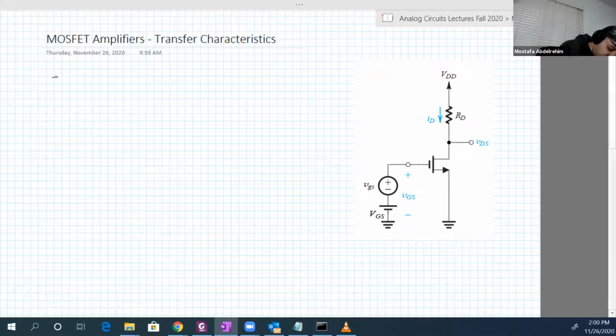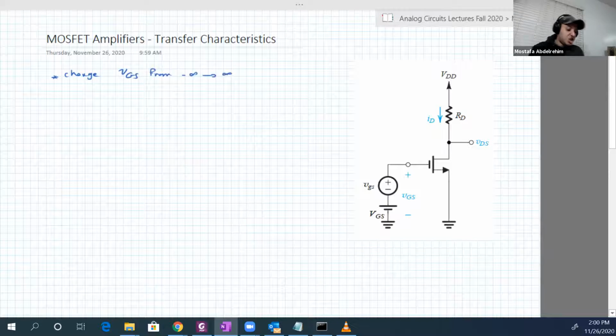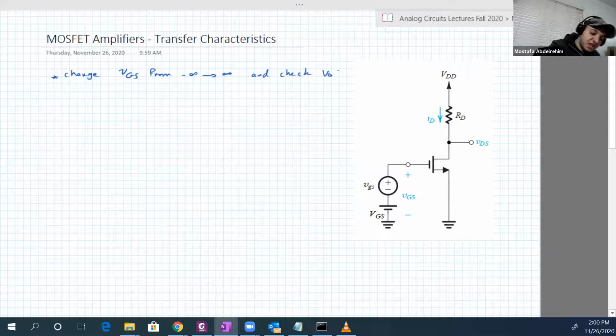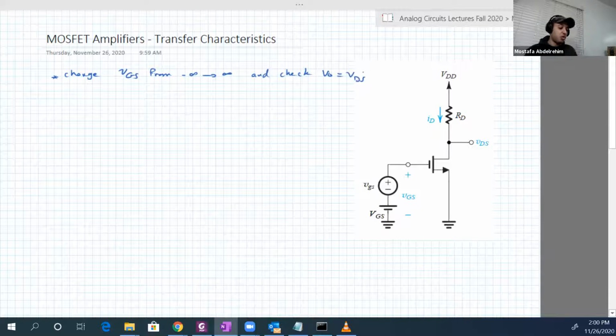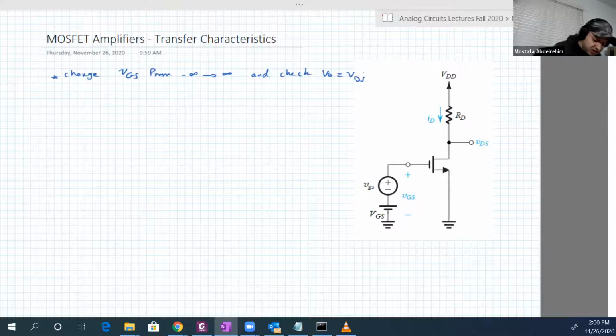We're going to change VGS from minus infinity to infinity, and we're going to check VO, which is VDS, for all these ranges. Okay, what we're going to see is something like this.